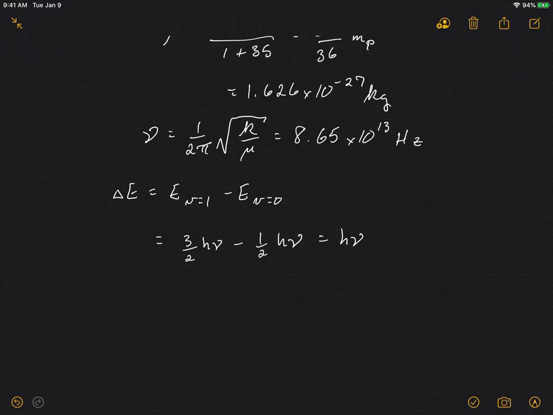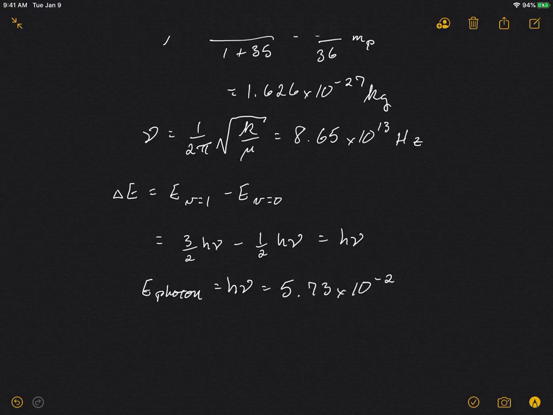And so then the energy of our photon is going to be h nu. And so if we multiply that out, we get 5.73 times 10 to the minus 20 joules.